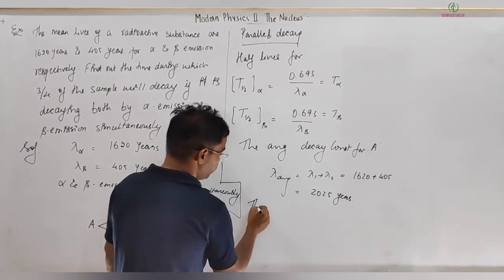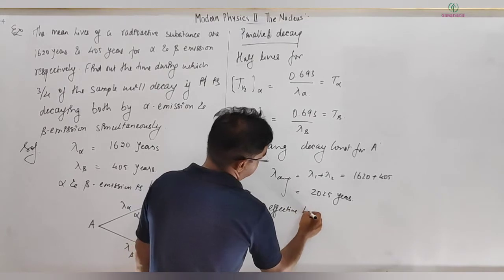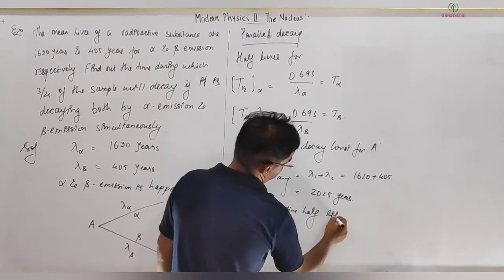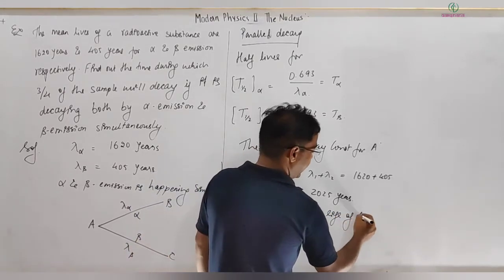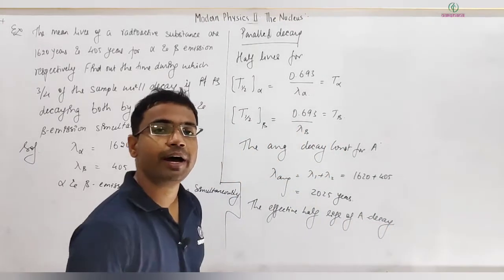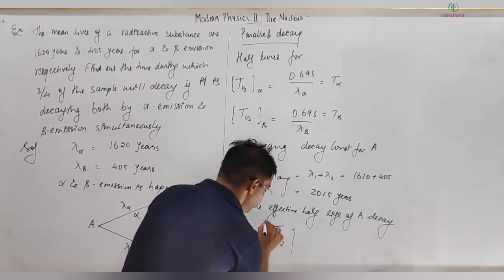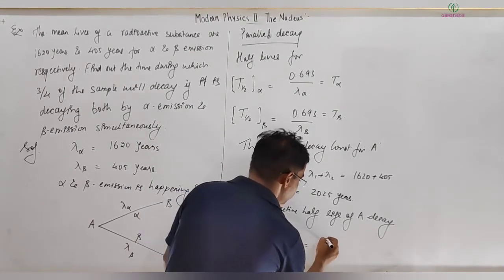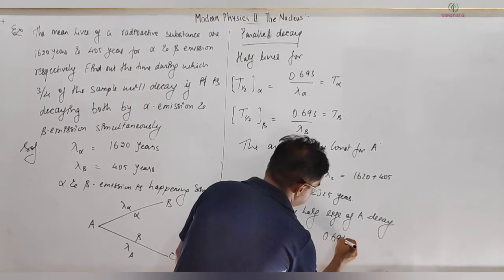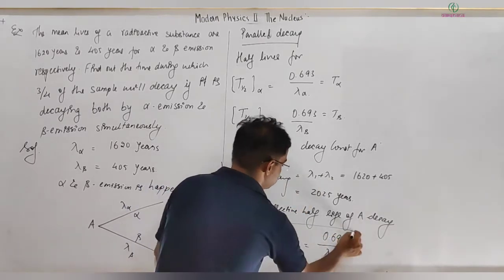So the effective half-life of A decaying simultaneously by alpha and beta emission is 0.693 divided by lambda effective or lambda average.